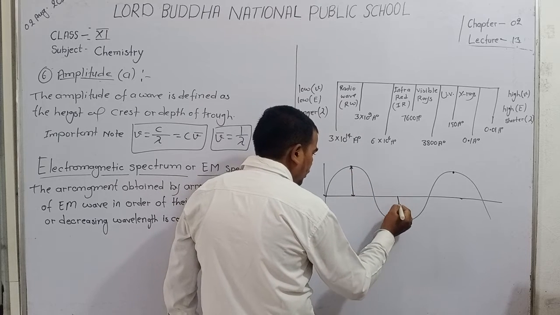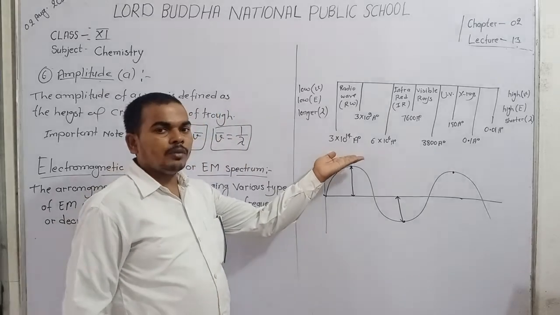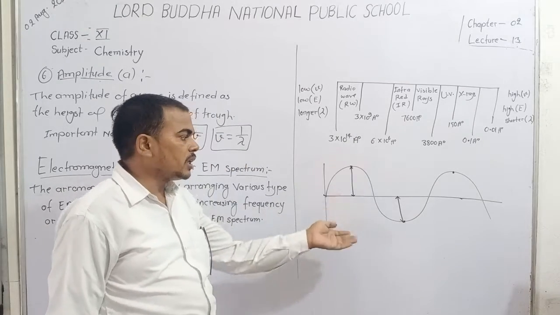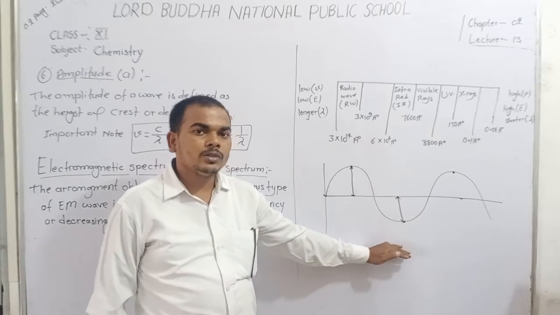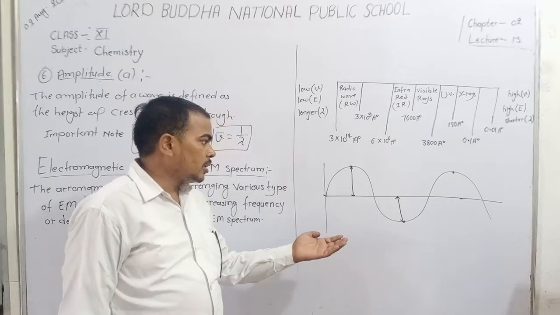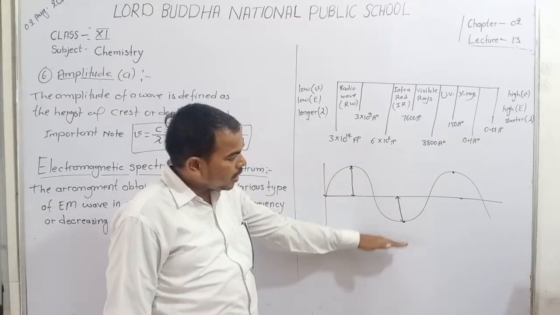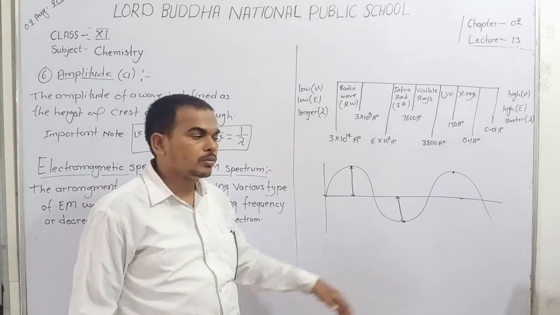Dear student, you know that the height of the wave is the crest, whereas the depth of the wave is the trough. So we say the maximum height of the crest and the maximum depth of the trough.